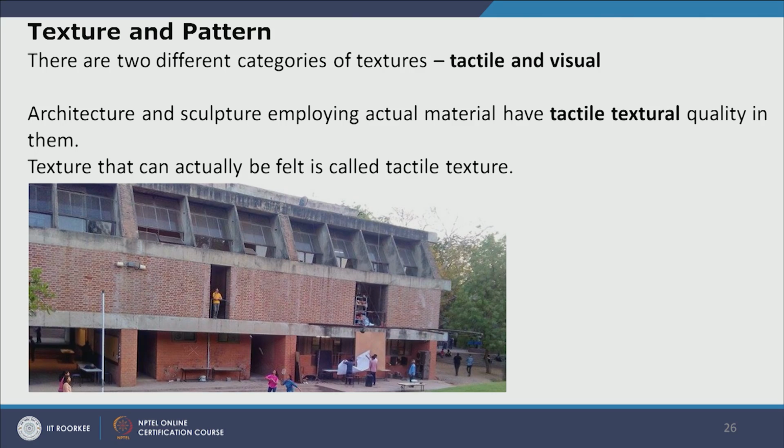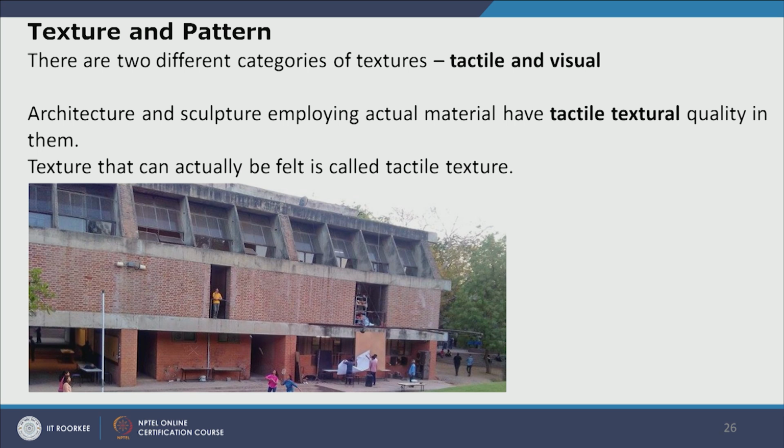Texture can be divided in two different ways. One is tactile texture and another is visual texture. In digital design, in visual communication design, in digital media, we can only use visual texture, because tactile texture is associated with the material when the texture is actually there, so we can touch and feel it. An example would be brick cladding or an exposed brick wall.